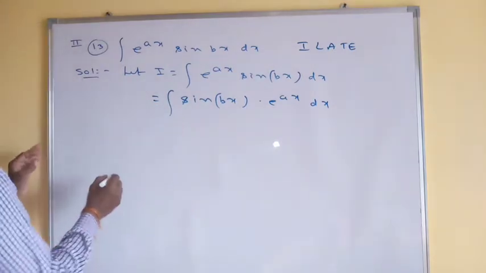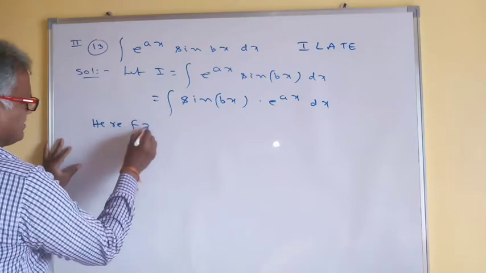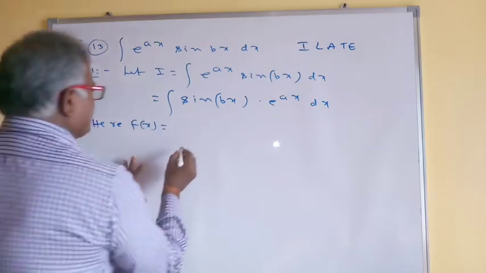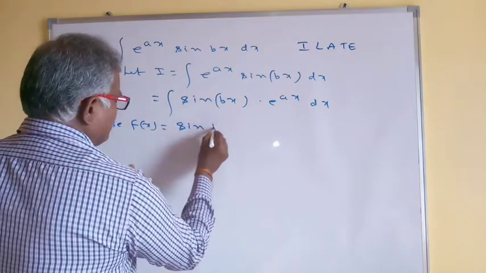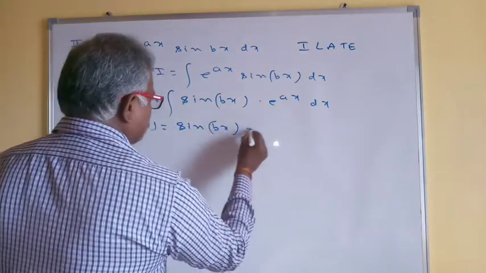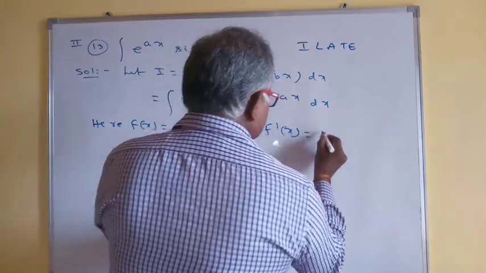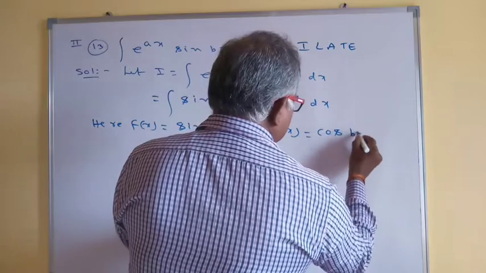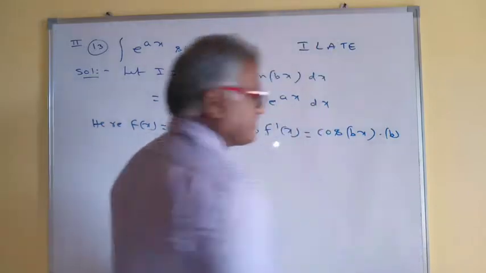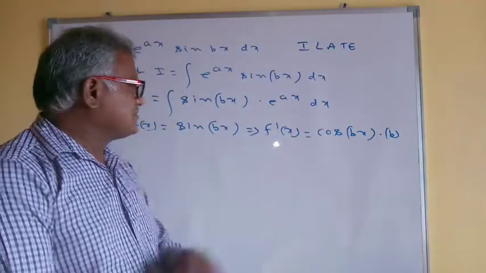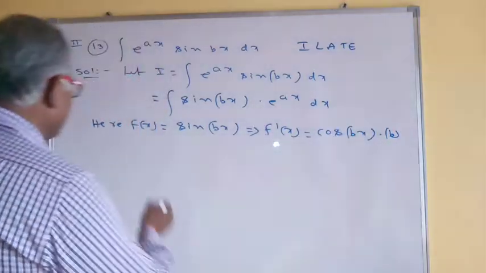Now clearly here f of x is sin bx, so f dash x is cos bx into b, since the derivative of sin is cos and the derivative of bx is b.